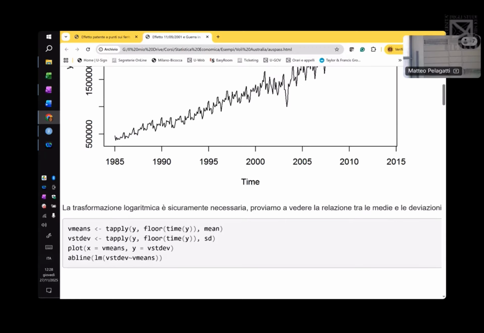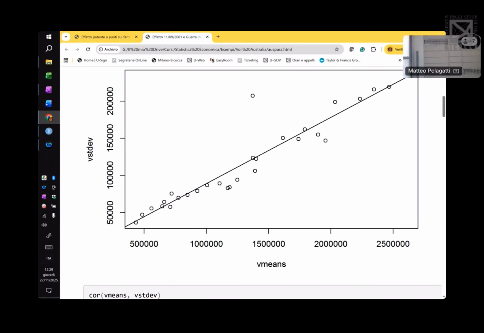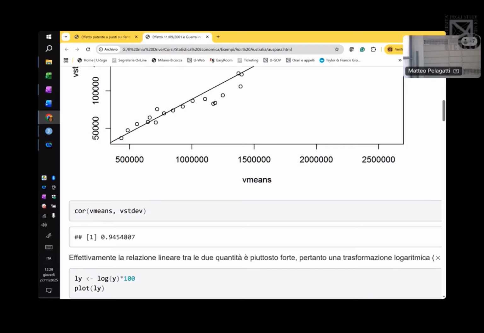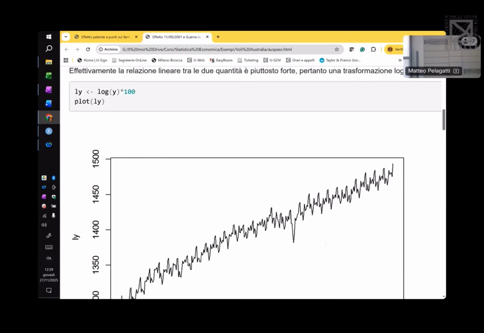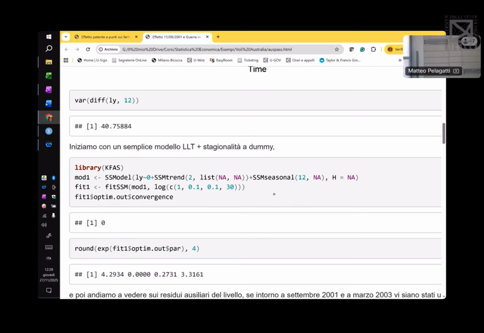Again, I work on the log, times 100, because of this indication here. It's a monthly time series, so we start with a very simple model, which is the same model as we used before.